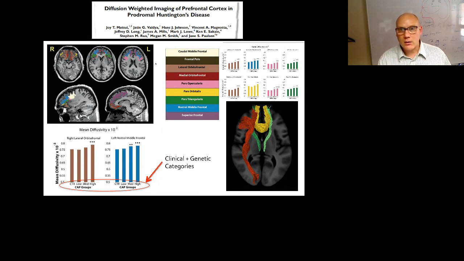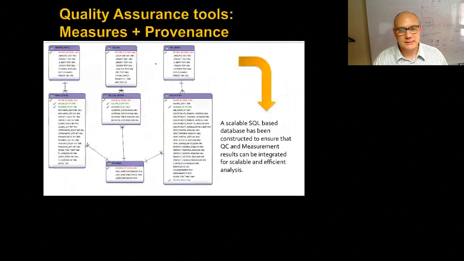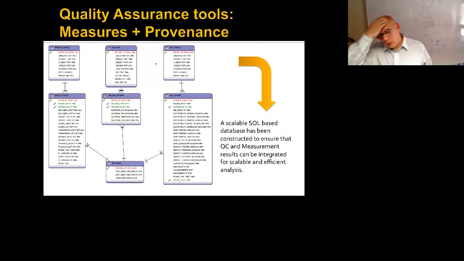And this is just one of our very popular papers that show how differences in the prodromal phase, 20 years before external symptoms show up, we can measure them with this diffusion-weighted imaging data and this processing. And that requires us to make quality assurance tools that include both the measurements and the provenance of those measurements, in our case, in a database.